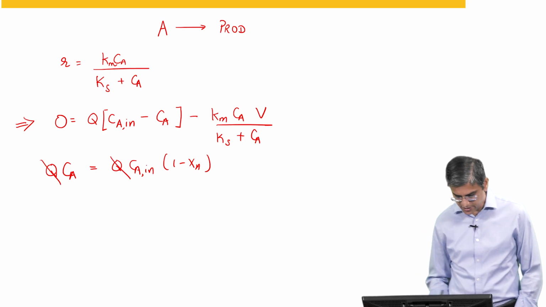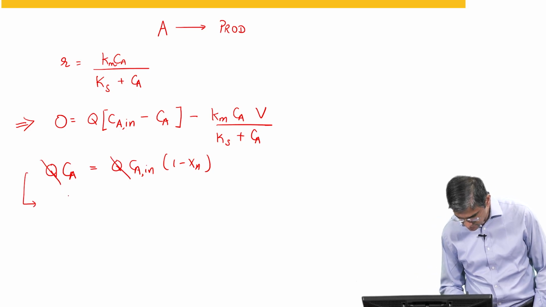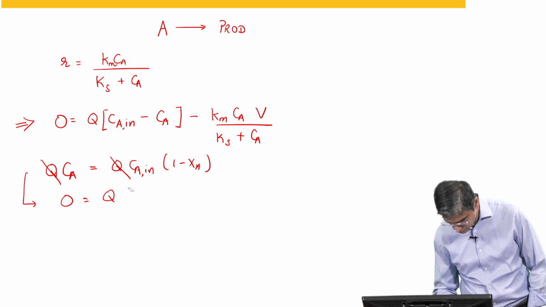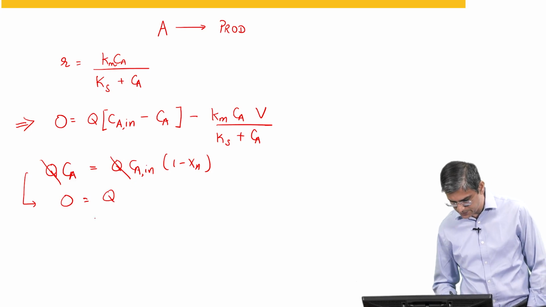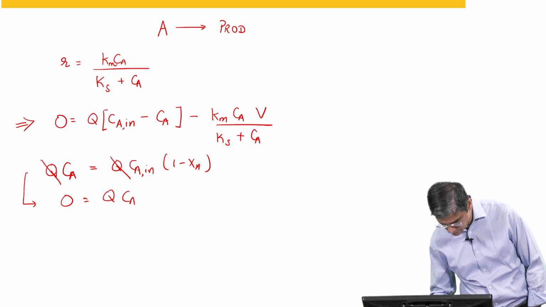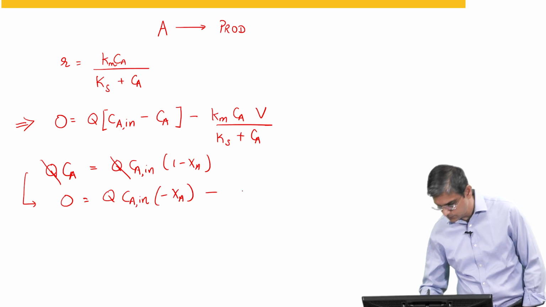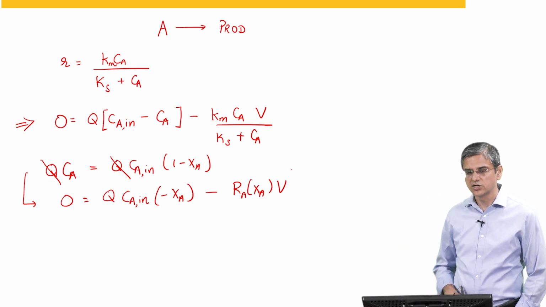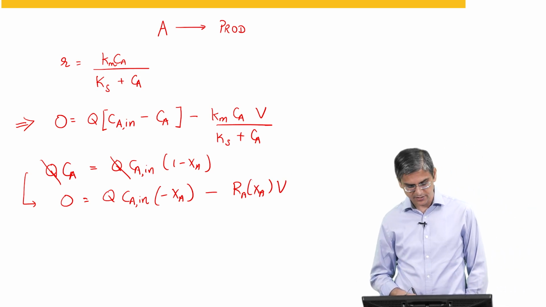So, then using this it becomes 0 equal to Q multiplied by Ca in minus Ca, and you can solve this in terms of XA and get it.